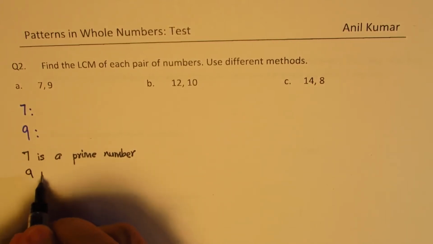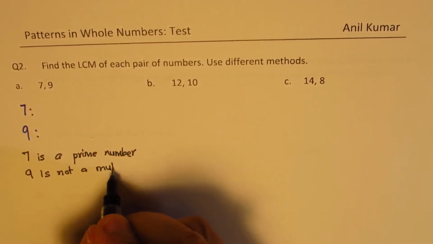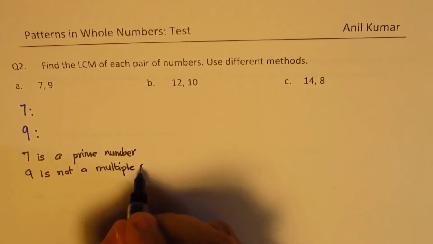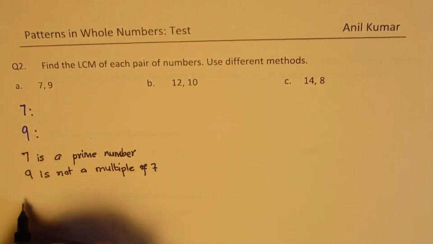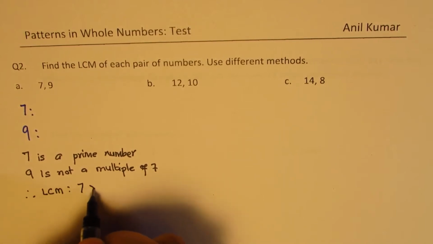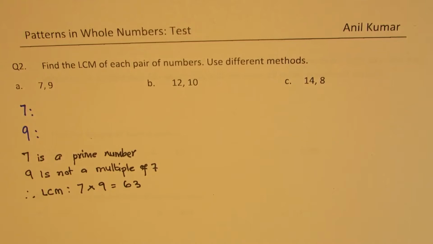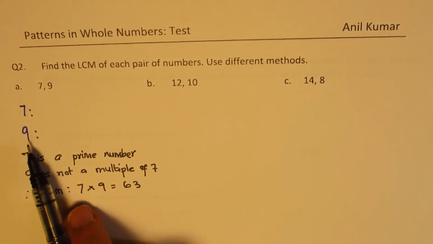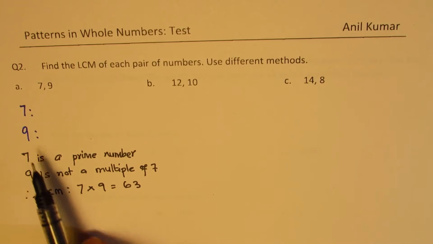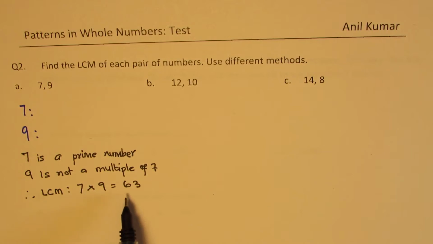And we also notice that 9 is not a multiple of 7, and therefore the LCM in this case is 7 times 9, which is 63. Is that clear to you? So if there is one prime number, you check whether the other number is a multiple or not. If the other number is not a multiple, then their product is the lowest common multiple.